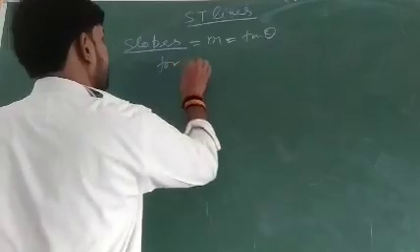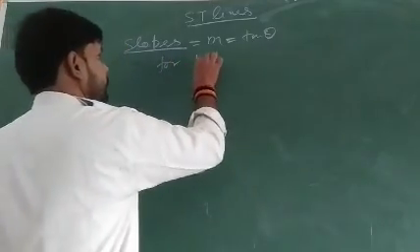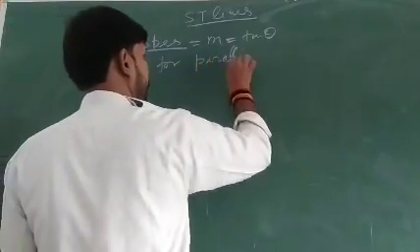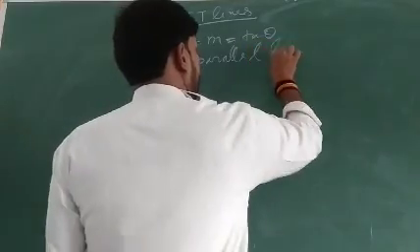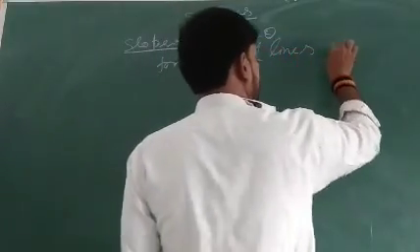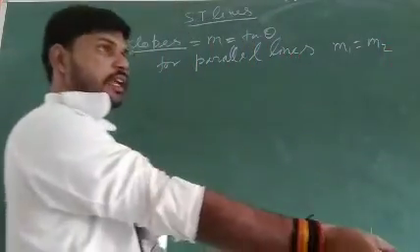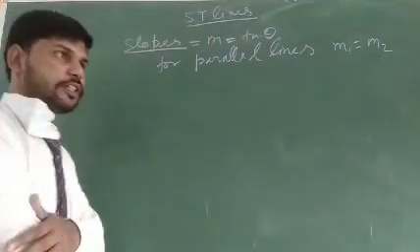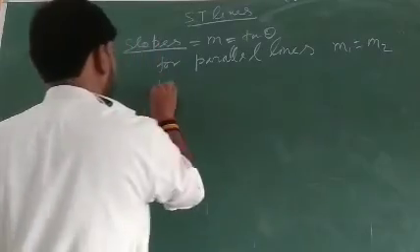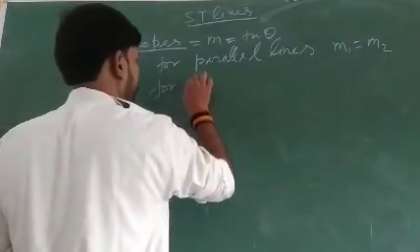For parallel lines, m1 equals m2, meaning the slopes of both lines will be equal to each other. For perpendicular lines.